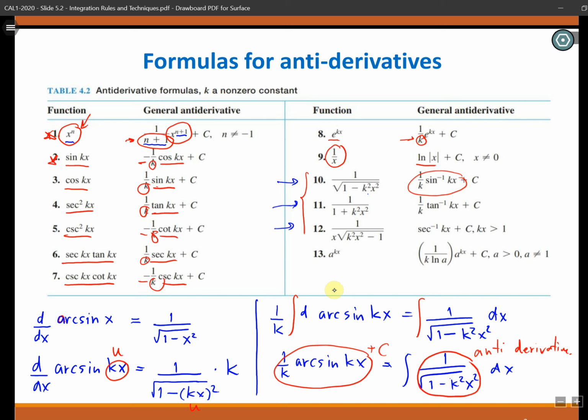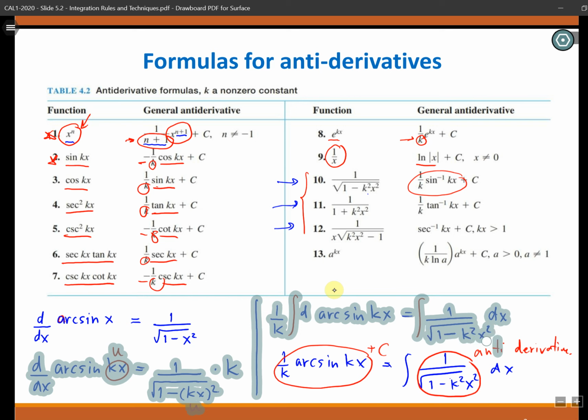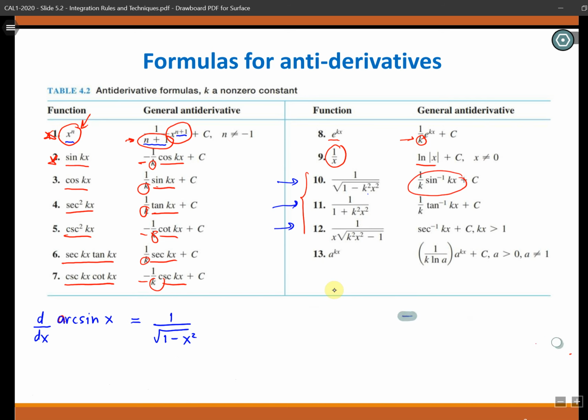So this is going to be gone. All right, give me some time. Okay, I'm going to just keep the derivative of arcsin. All right. Now that is the derivative of arcsin.